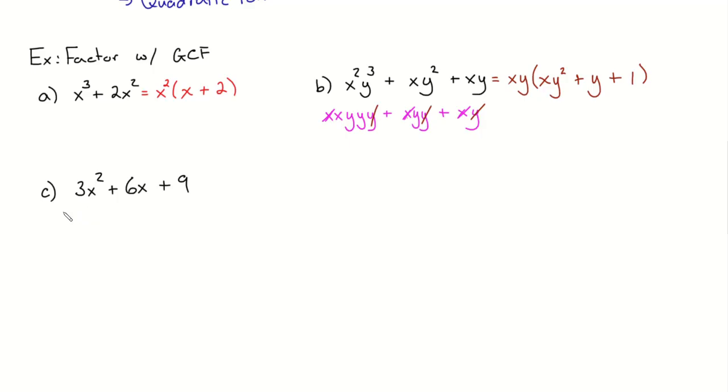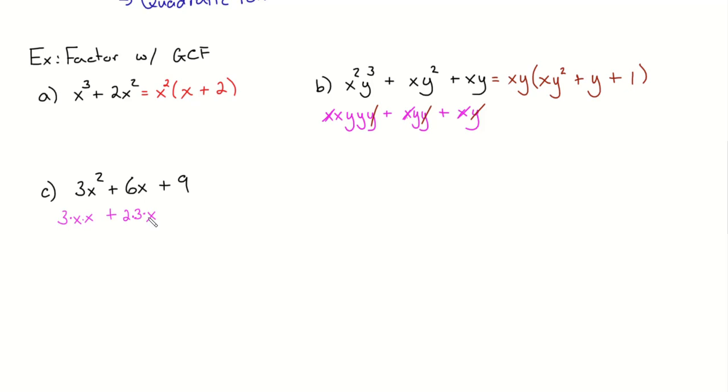So check it out. This one, if we write it as its prime factors, it's 3 times x. Everybody agree with that? Plus, this one's going to feel weird. Instead of 6 times x, Kyle, what am I going to write? 2 times 3 times x. Now, I'm doing this only because I need to identify if there's prime factors that they all have. I do know what the prime factors of 6 are.